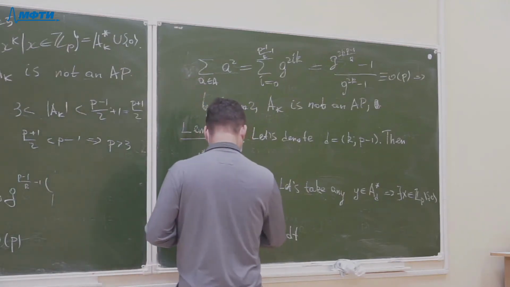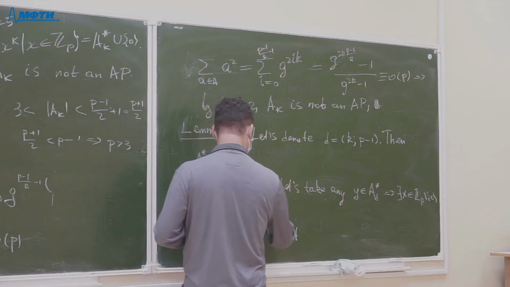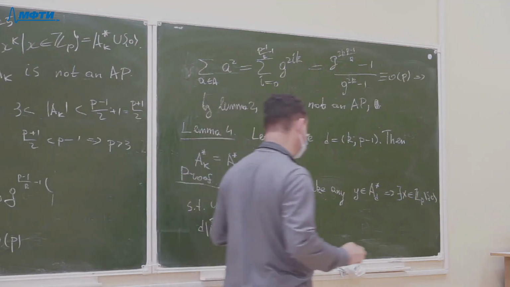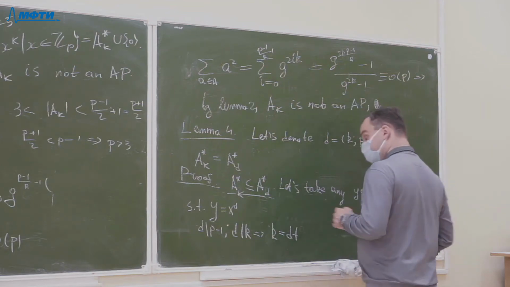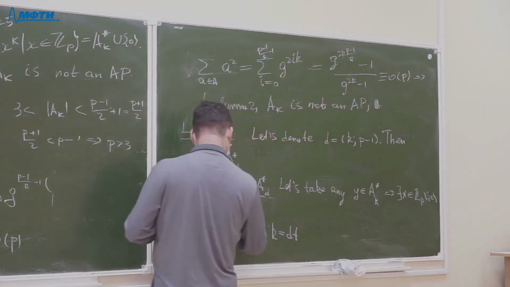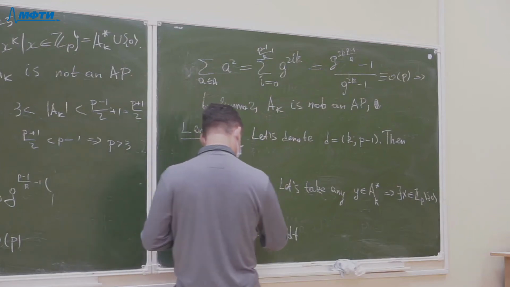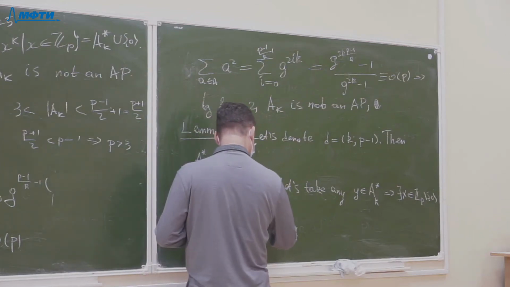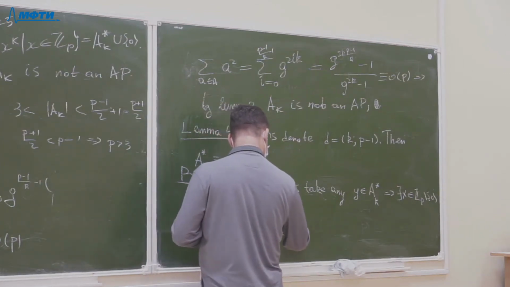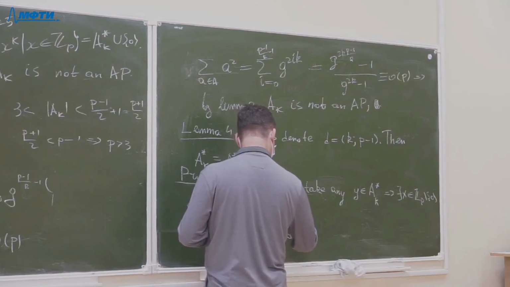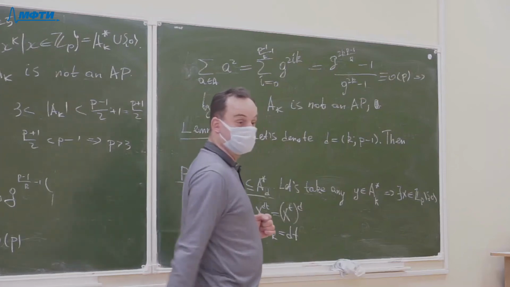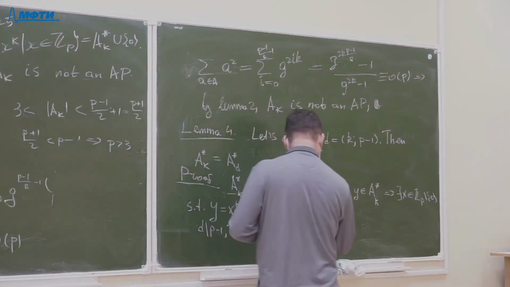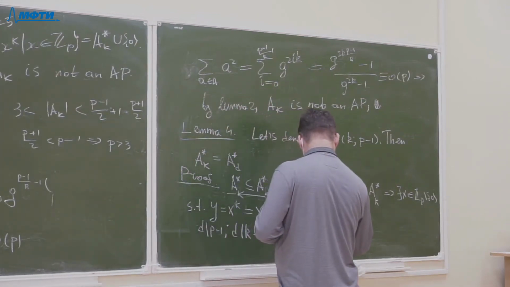Converse, I'm sorry. A_K being a subset of A_D is the easy part. So take an element of A_K. It's x^K, which is x^(Dt), so which is (x^t)^D, which is an element of A_D*.